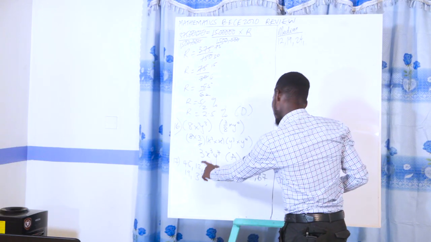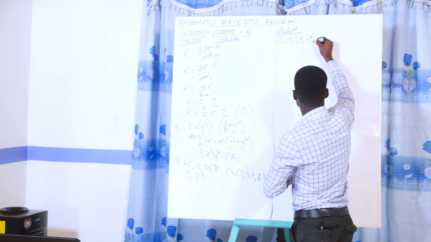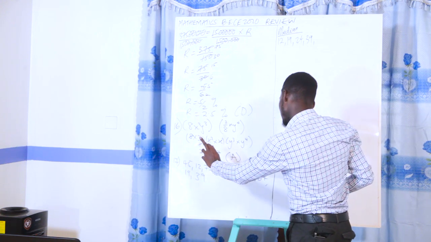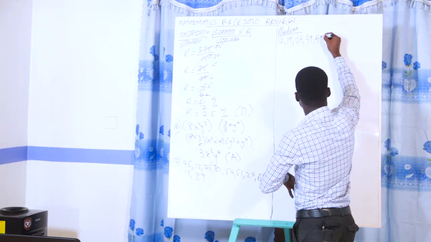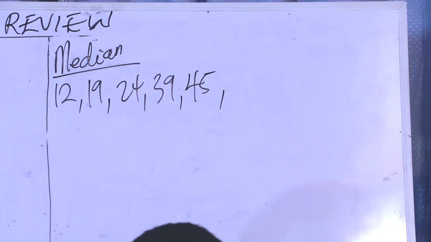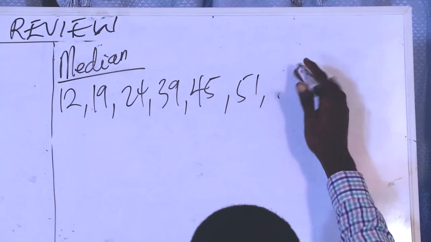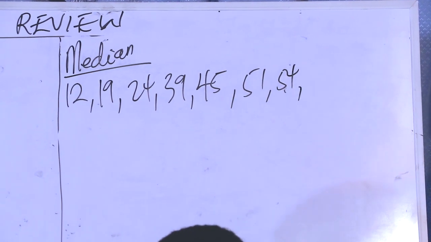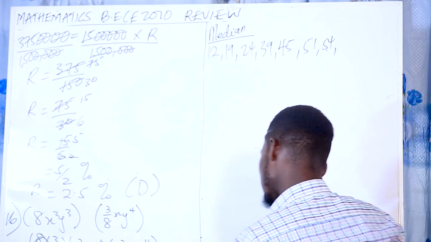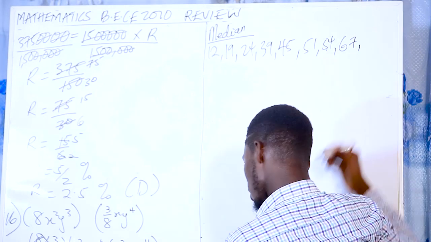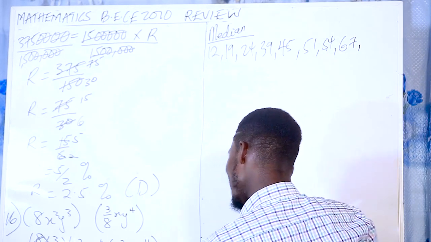The next is 39. And the next is 45, followed by 51, 54 after, and then we go to 67, and then we come to 81.